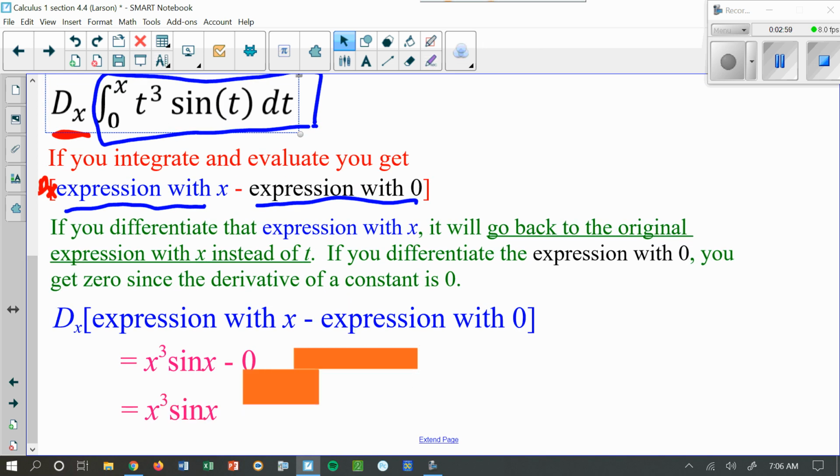Because once again, if you did integrate, you'd have something with a variable in it of x minus something with just a number in it. And if you do the derivative of that first part, it goes back to your original function with an x in it, and you do your derivative of something with just numbers, and that disappears.